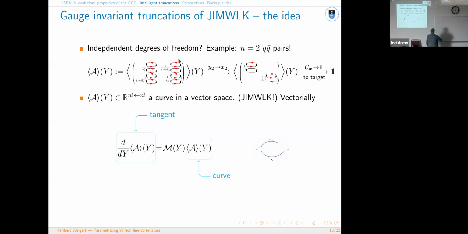So if you look at this over here, the state you have is an overall color singlet. So you must be able to rotate this with the same gauge transformation on all legs. Now something happens in the middle, but you're not feeding color in or taking color out. So over here, the state that gobbles it up must also be a color singlet, independently of the thing that I put in. So I must be able to color rotate this overall with the same color rotation on all legs.